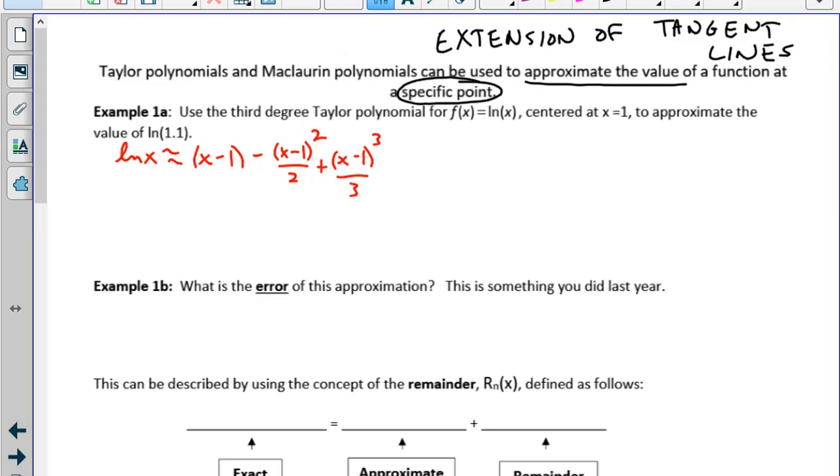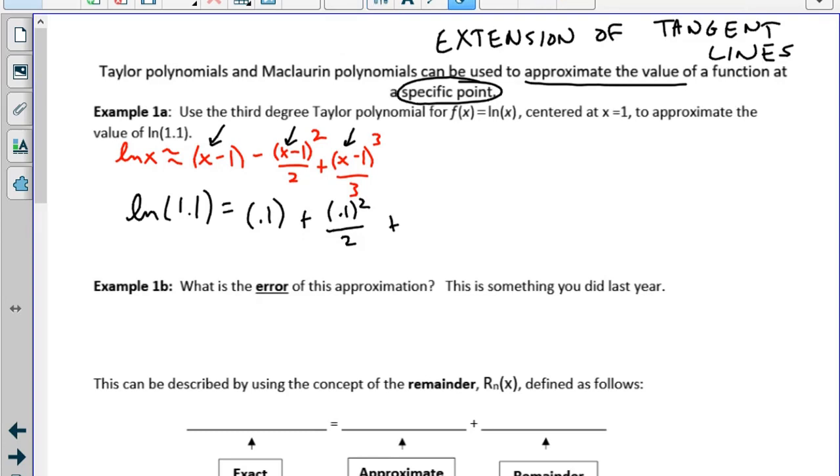But if I'm going to approximate natural log of 1.1, what I will do is substitute 1.1 in everywhere there's an x. So I end up with 0.1 plus 0.1 squared over 2.